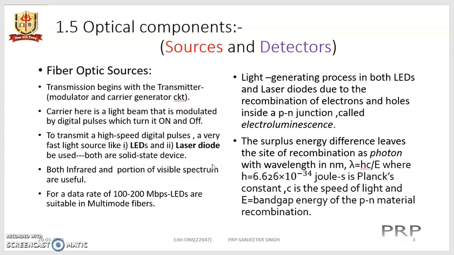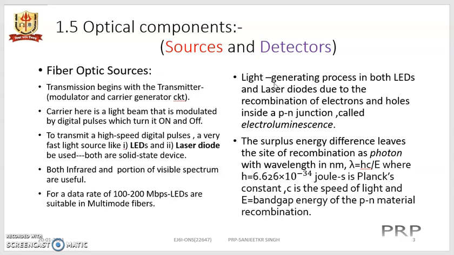Both are solid state devices. Both infrared and portion of the visible spectrum are useful for optical fiber communication, and particularly for the data rate of 100 to 200 megabits per second, LEDs are more suitable in multi-mode fibers.